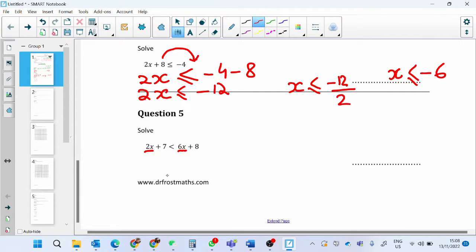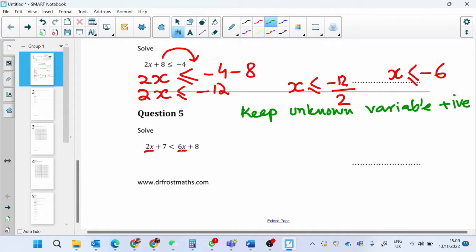So in this type of inequalities, our attempt should be that we make this unknown variable positive. Otherwise, if it's negative, then you have to switch the inequality sign, and that becomes a little bit confusing. So keep the unknown variable positive. This should be the strategy.